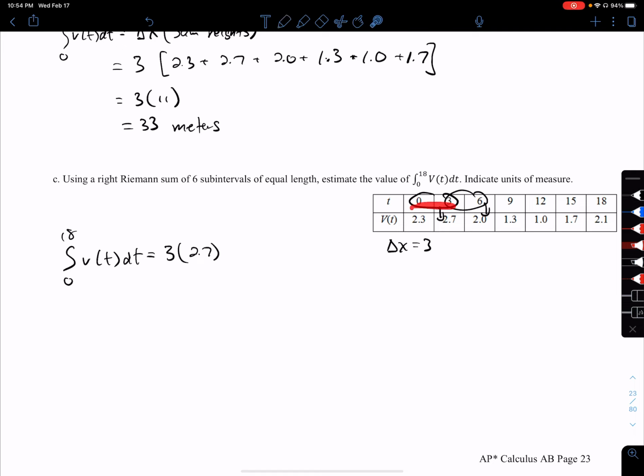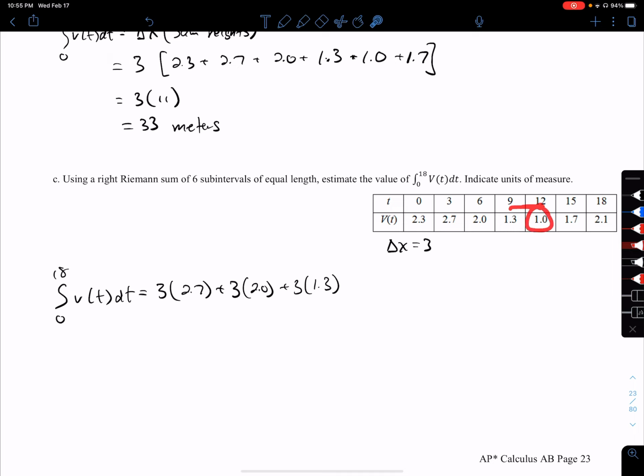So that's from 0 to 3. And then the right y value is 2.7 plus. From 3 to 6, the right value is 2.0. Now we're going 6 to 9, 1.3.